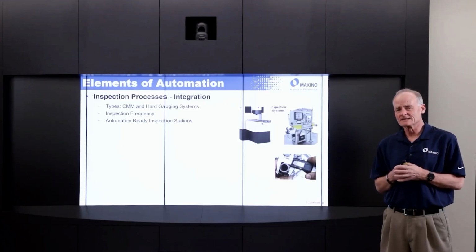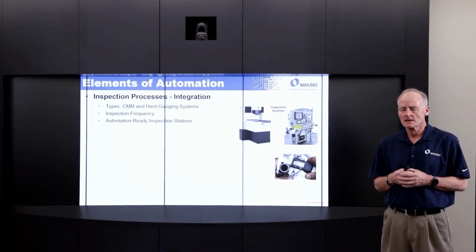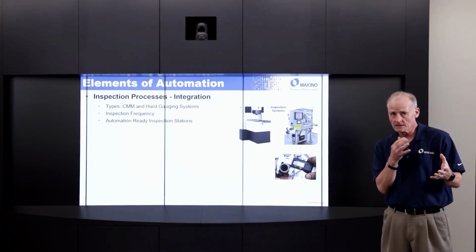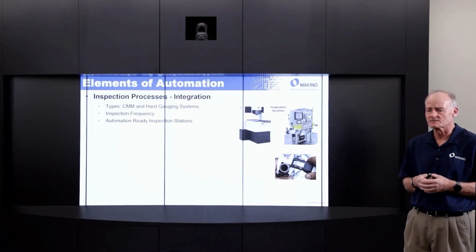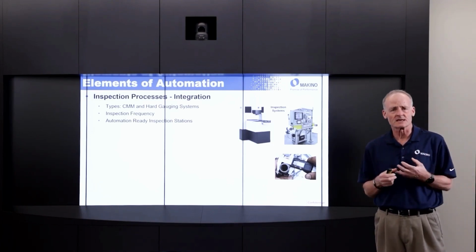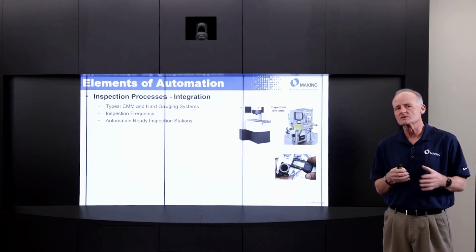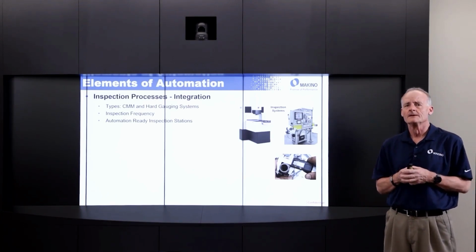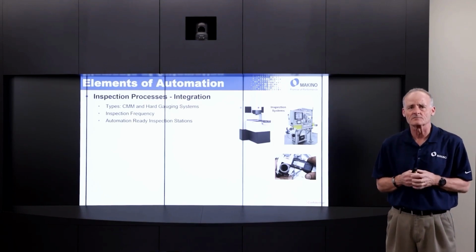A little bit more about the inspection process and the integration of that into the automation. We've integrated several different types of inspection systems within our automated systems, CMMs, different types of hard gauging systems where we may be inspecting one or two features at 100% frequency. You want to determine what that frequency is that you're going to go through this inspection process.